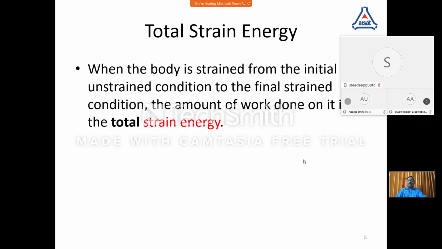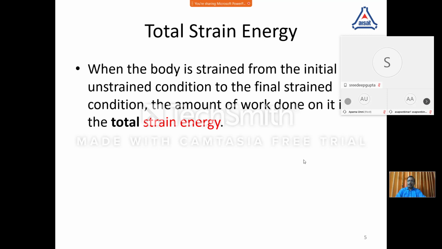The total strain energy consists of the elastic part and also the plastic part. When the body deforms up to a certain limit, it is deformed elastically.